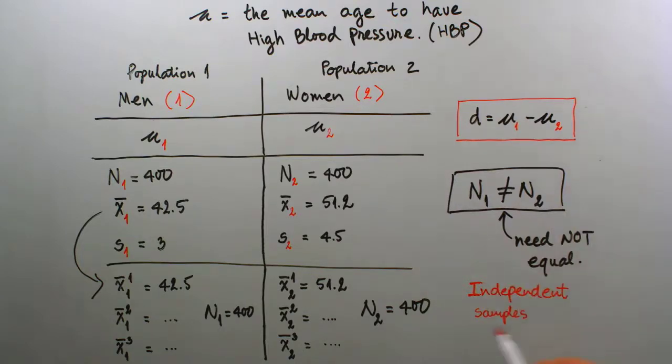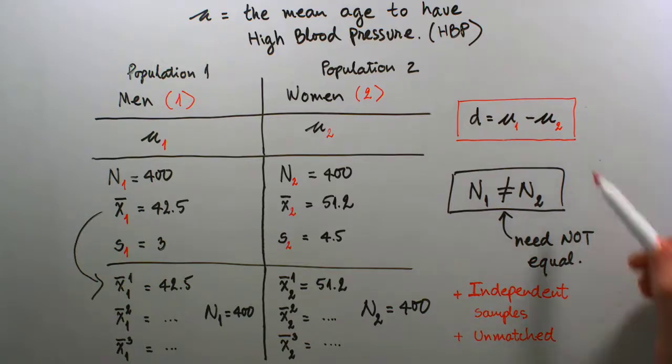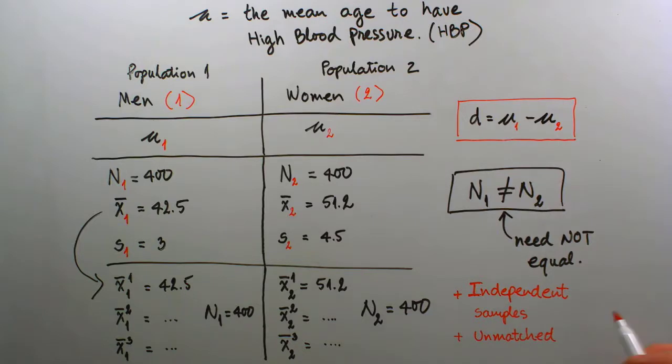And these two are independent samples, and further, they are unmatched. Find my other videos at some point to understand what matched samples are, but these are unmatched. And that's why they are allowed to have different sample sizes. Unmatched or unpaired.